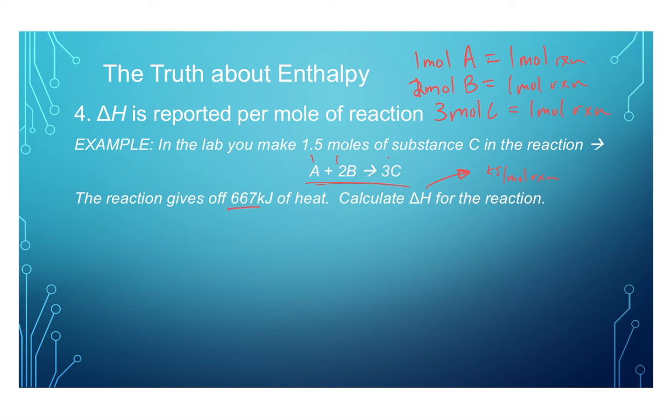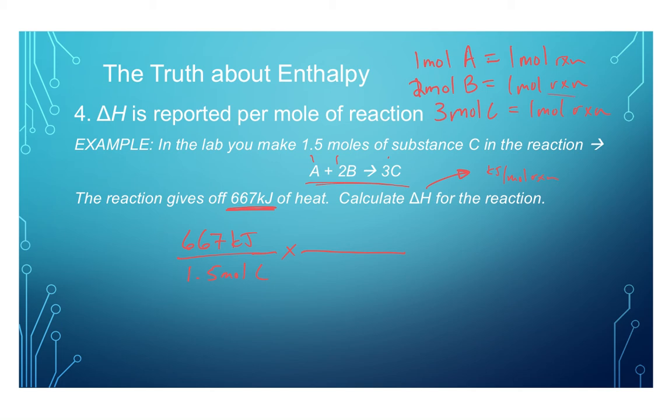All right, so in the lab, we make 1.5 moles of substance C, and it gives off 667 kilojoules of heat. And we want to turn this into kilojoules per mole reaction. So I can start off by going 667 kilojoules of heat per 1.5 moles of substance C. But we don't want kilojoules per mole of C. We want kilojoules per mole reaction.